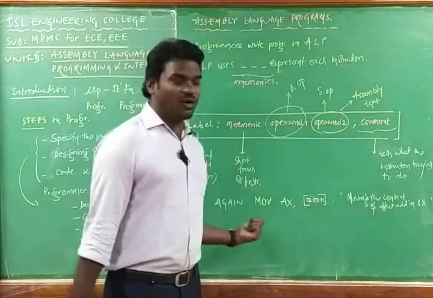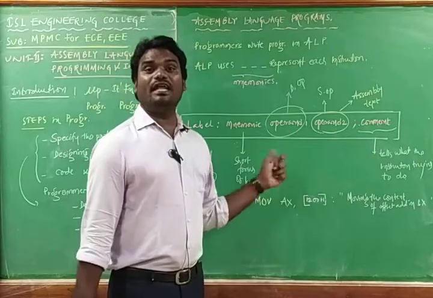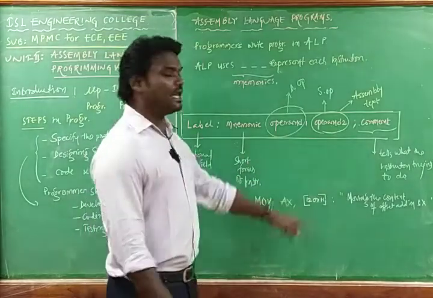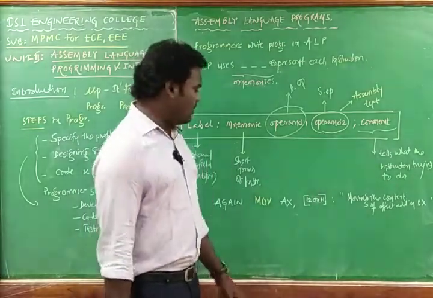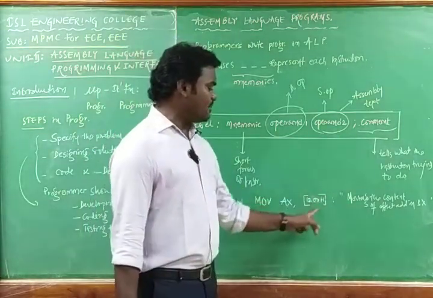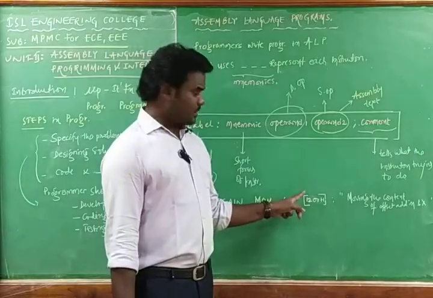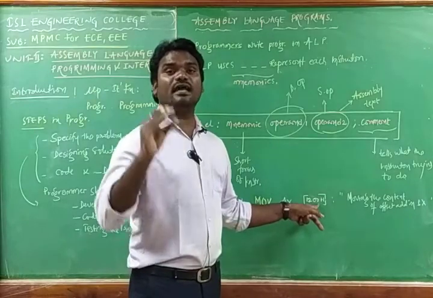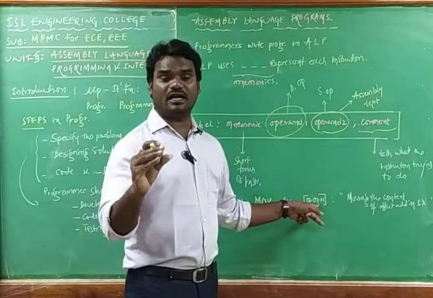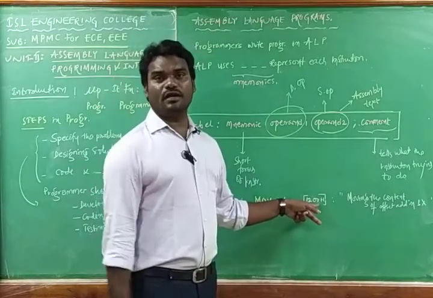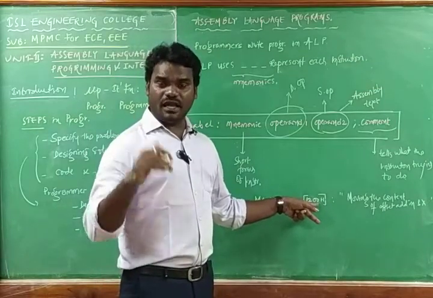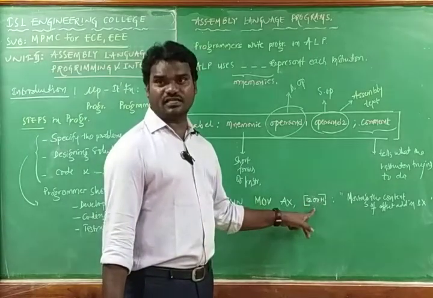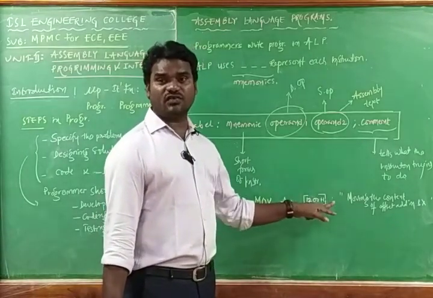Which type of addressing mode is it? It is the indirect addressing mode, the register indirect addressing mode. Now the number specified in the square brackets is specifying the offset address in the execution unit. 1200H is the offset address, and H stands for hexadecimal.